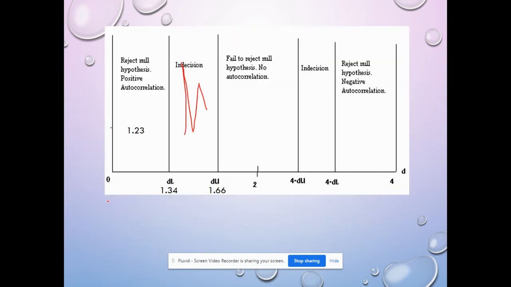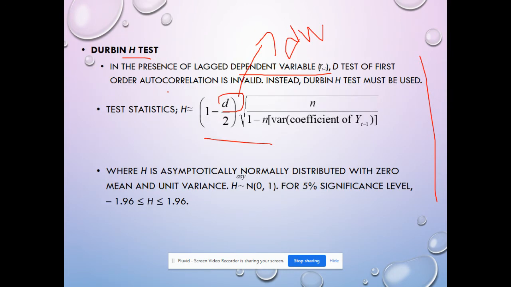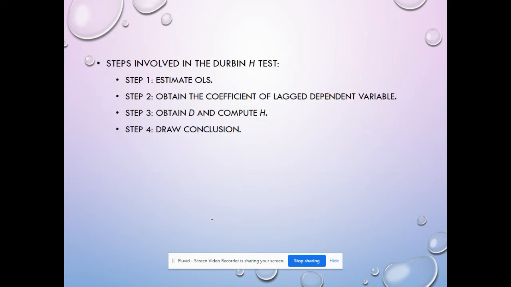So you must use the Durbin-h. N is the sample size, and inside this bracket is the variance, not variable, of the coefficient of Y(t-1). For 5%, the critical value is about 1.96 because it follows the normal distribution.